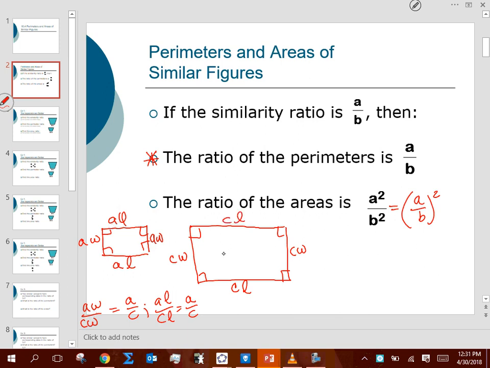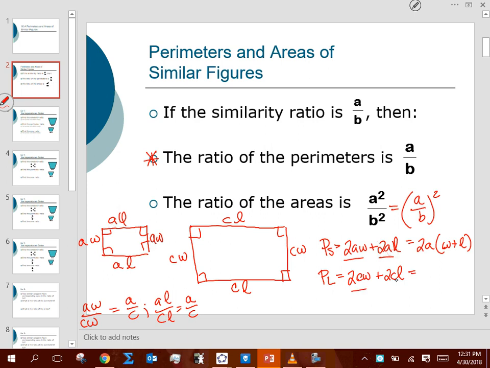Okay, so let's do the perimeter of the small figure. Perimeter of the small one would be 2 AWs plus 2 ALs, right? That turns out, what do both these terms have in common? What does that and that have in common? 2A. If I take a 2A out, I'm left with W plus L. If I look at the perimeter of the large figure, it'd be 2 CWs plus 2 CLs, right?